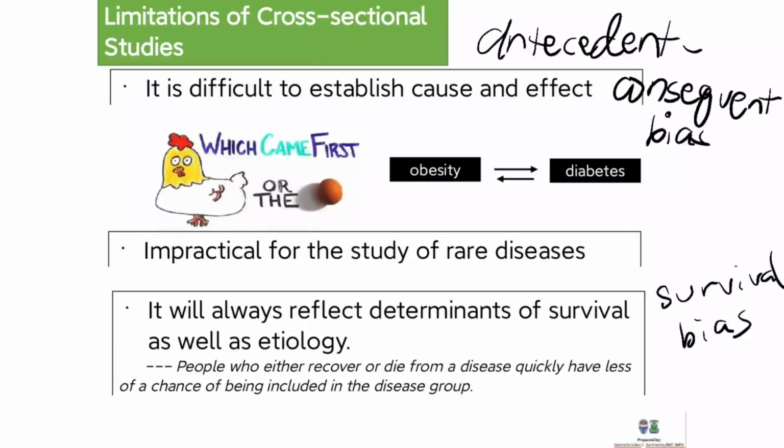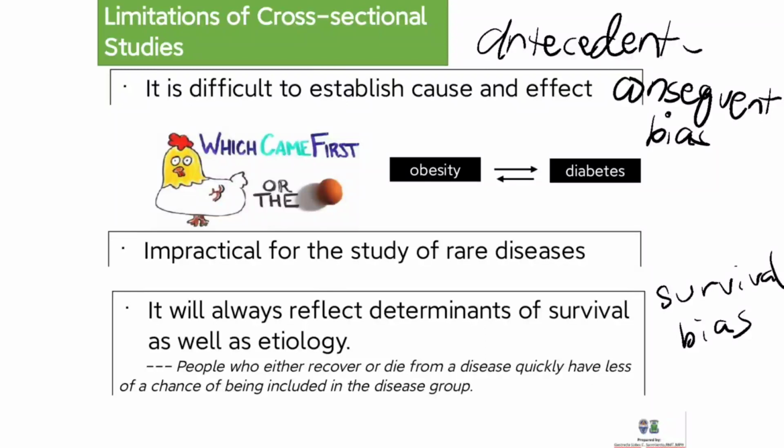Sabihin nila, kasi yung buhay namin dati maganda, so kaya ito yung gusto ko, di ba? So, survival bias yun, tawag natin doon. Okay? Kasi yung iba na nahirapan yung panahon na yun, yung single point in time, namatay na sila. Okay?